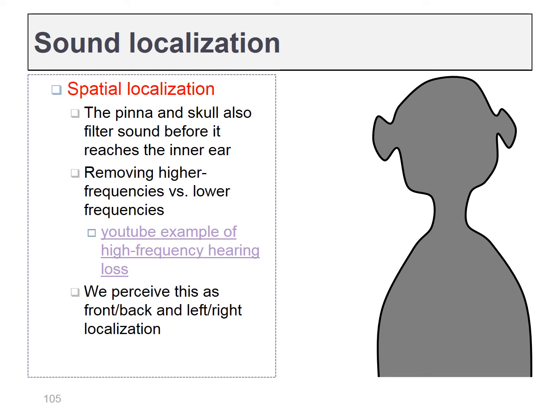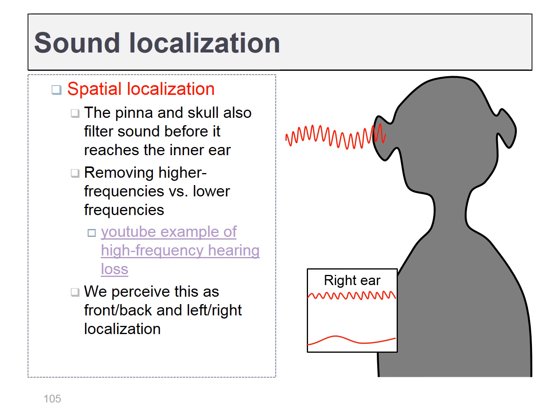The auricles also serve very important functions when it comes to sound localization. Sounds coming at us from the right side will reach the right ear unmolested. That sound wave doesn't have to travel through any skin, cartilage, or bone. But that sound wave, by the time it reaches our left ear, has traveled through some cartilage and bone. And that tends to filter out some of the higher frequencies.